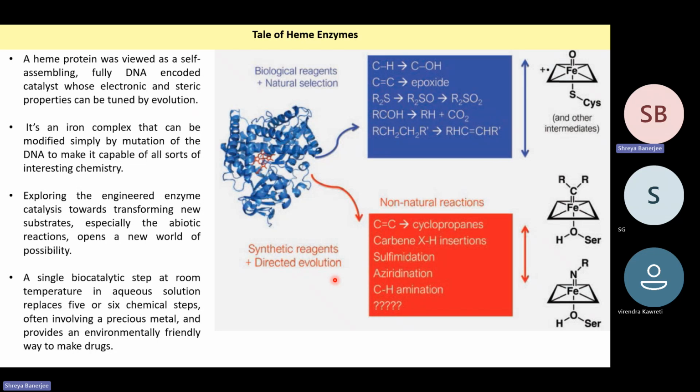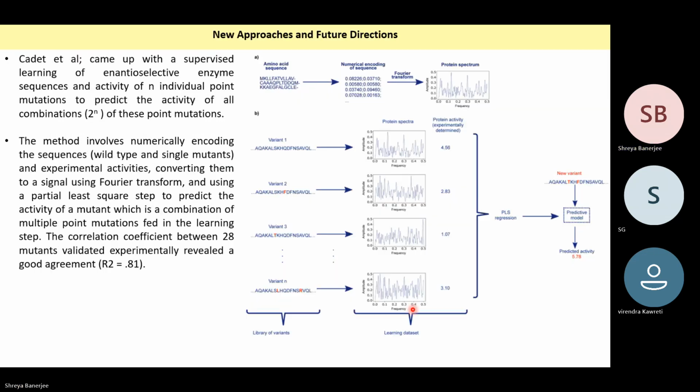If you remember, we talked a few slides before about carbon-silicon bonds, how there are no natural enzymes to catalyze the formation of carbon-silicon bonds, but non-natural enzymes created by mutation of the natural enzymes can do that. This is a similar way in which the heme protein can be mutated by directed evolution to catalyze an entire set of non-natural reactions.